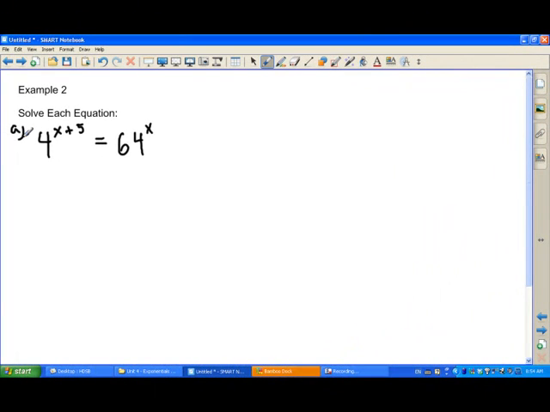As another example, getting a little bit more complicated, I can set up an exponential equation where my left-hand side and my right-hand side are not equal. And I can manipulate this in such a way to make them equal by solving for x.